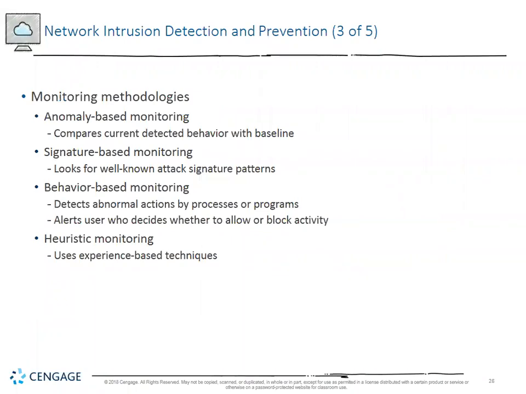Let's see. We have anomaly based. It compares current detected behavior with baselines. Years ago when I was in the military, I had to go to a class in Shreveport, Louisiana. As soon as I started to remotely connect into the network, it locked me out, because my normal hours were day shift, and all of a sudden I'm trying to log in at night.